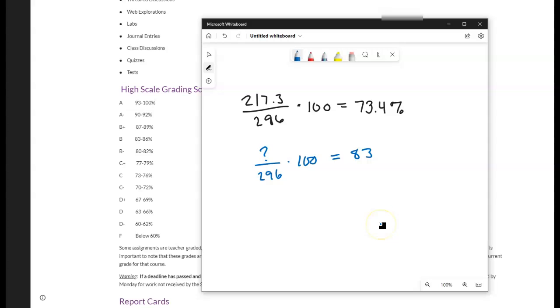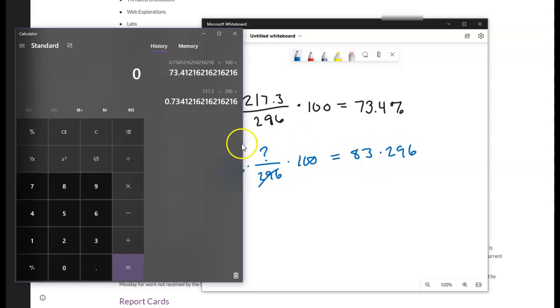So I need to do this algebra problem in order to figure out how many points I need to get in order to bring my grade up to an 83. So here's how we're going to do it. We get rid of the 296 by doing the inverse operation, multiply both sides by 296. Once again, I need my calculator.